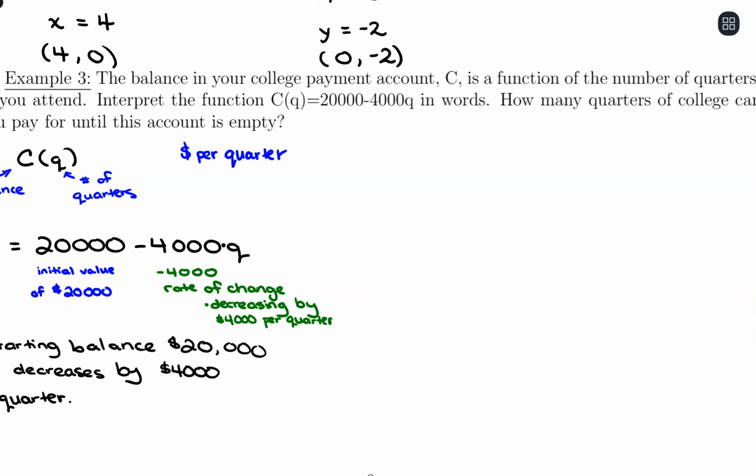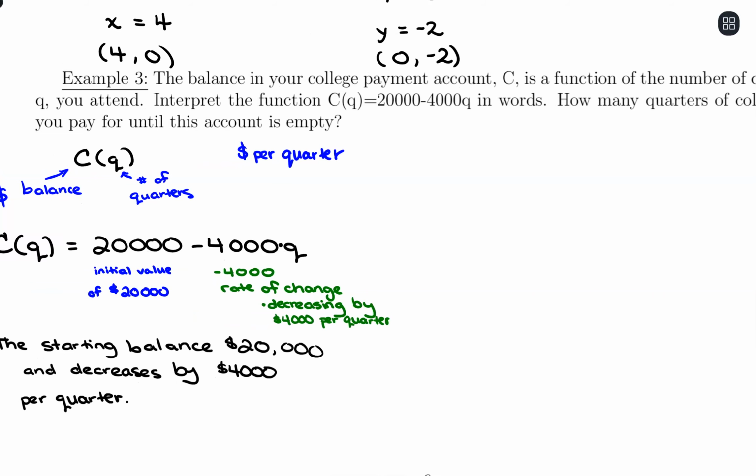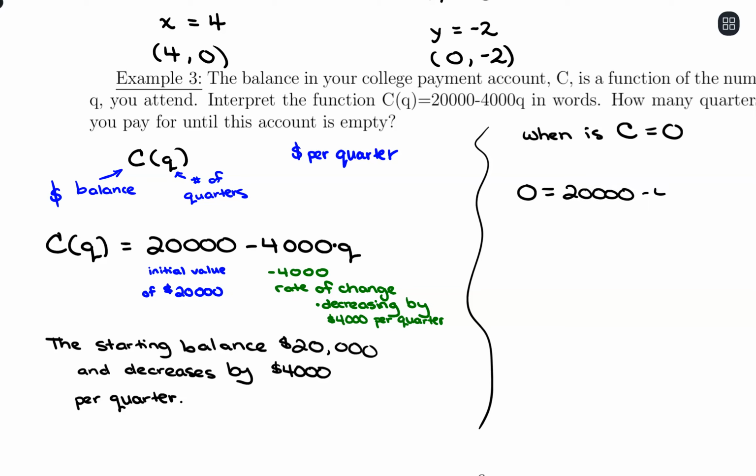All right, so how many quarters of college can you pay for until this account is empty? So it's like the school gave us $20,000. We have to give $4,000 each term to attend. So what we want to know is when the balance of this account, C, is empty, the balance would be 0. So what we're doing is we're solving 0 equals 20,000 minus 4,000Q.